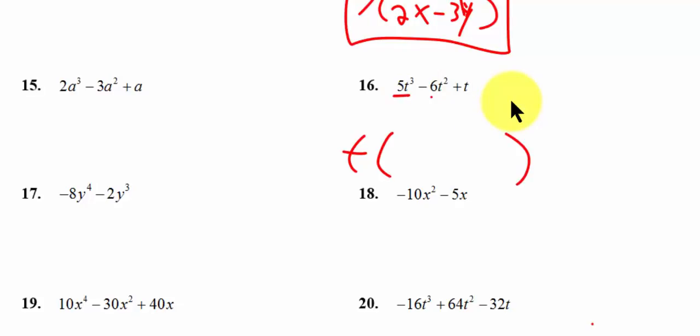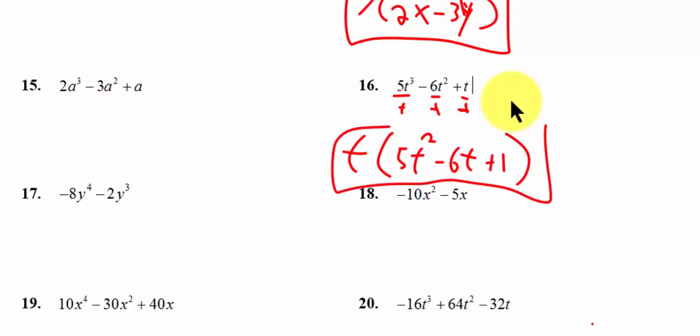And when you divide each piece by the t, what do you have left? This would leave me with 5t squared minus 6t plus 1. Final answer.